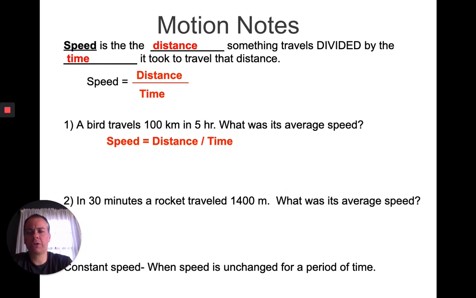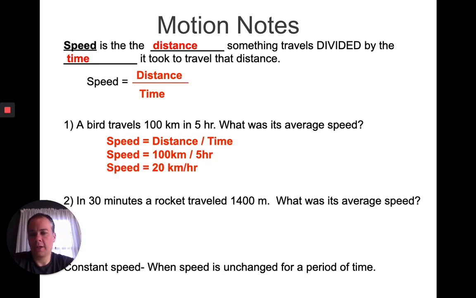So the bird travels 100 kilometers in 5 hours. Substitute in our variables. The distance is 100 kilometers. The time it took for it to fly that distance was 5 hours. And we do our math to get an answer of 20 kilometers per hour. So 100 divided by 5 is 20.